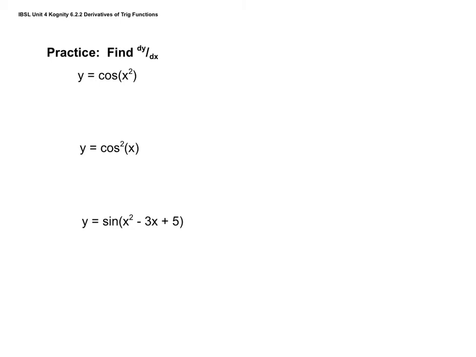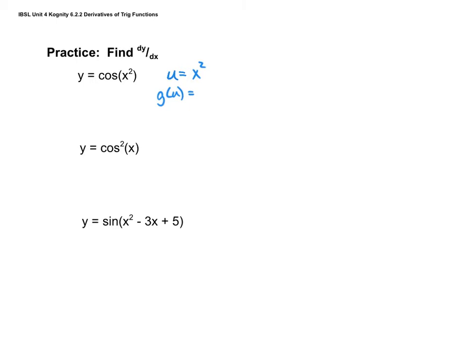Now, if you remember what we were looking at previously, we wanted u to be the inner function, okay? So we have this inner function u. What's the inner function on cosine of x squared? It's the x squared, okay? We also saw the g of u was the outer function.